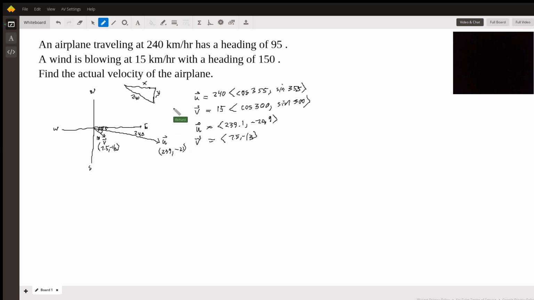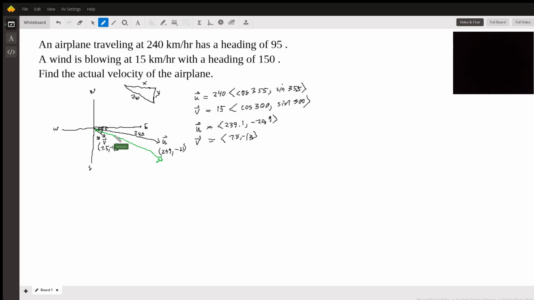Now, what I want you to try to imagine is what the resultant would be in this situation. Where would you expect it to turn out to be? Well, because the wind is blowing in the same general direction as the plane is traveling, you would expect the length or the speed of the plane to increase somewhat.